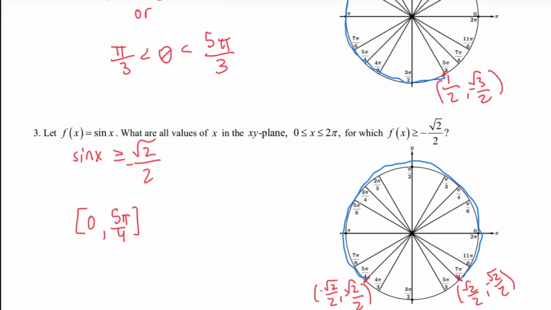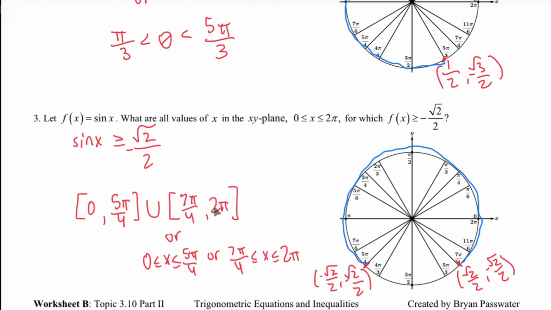Then when you have multiple, you want to do the union thing, and 7 pi over 4, comma 2 pi. But yes, we can include 2 pi, so close bracket. So that's one way you can write it, but you can also write it like this. It's a lot more writing like this, but whatever way your teacher said, I guess.